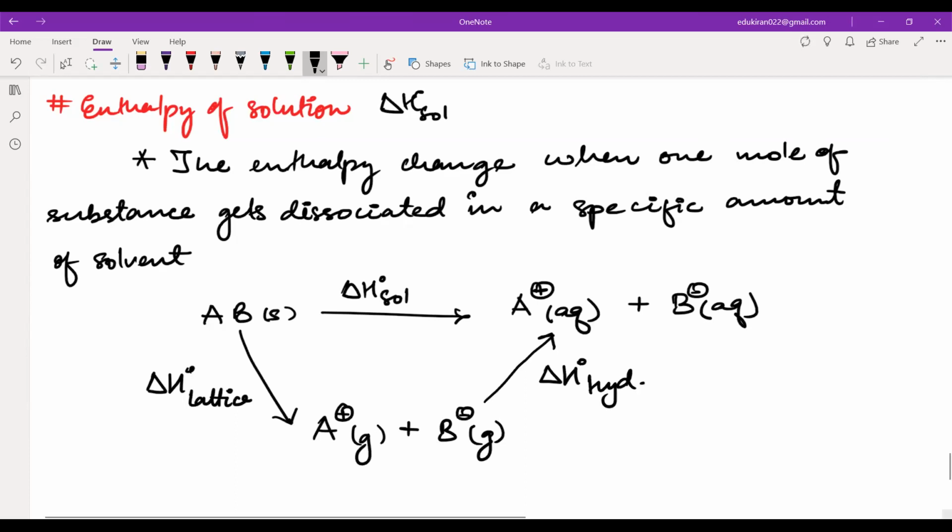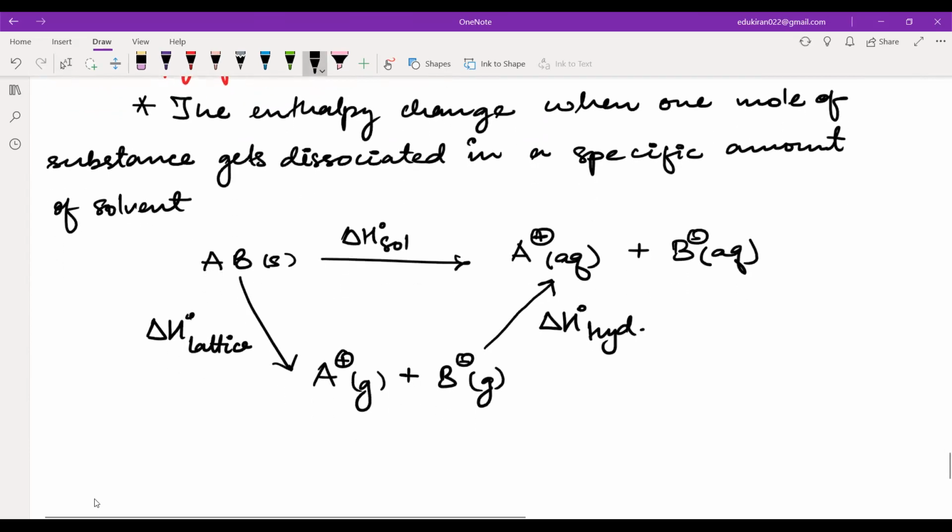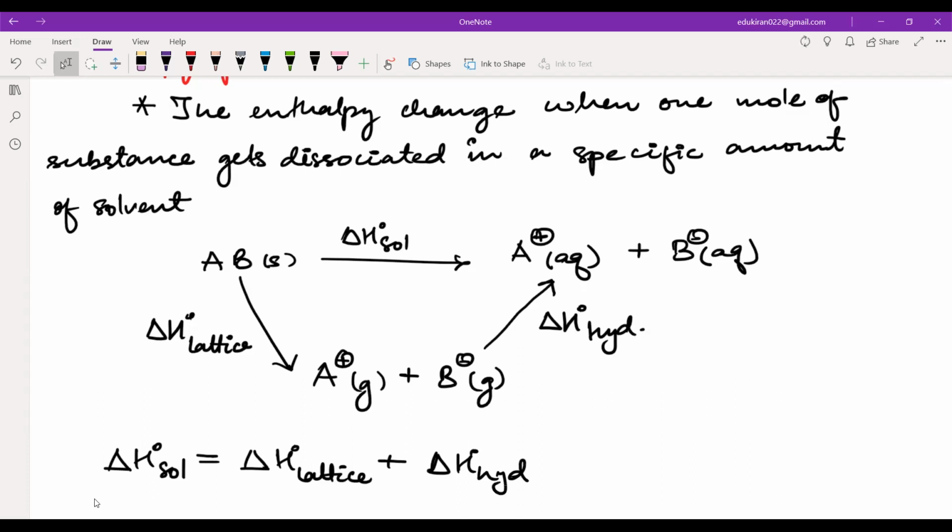So I can rewrite the enthalpy of solution, delta H naught of solution. If I have the lattice enthalpy of a particular substance and the hydration enthalpy, then I can easily calculate the enthalpy of solution.